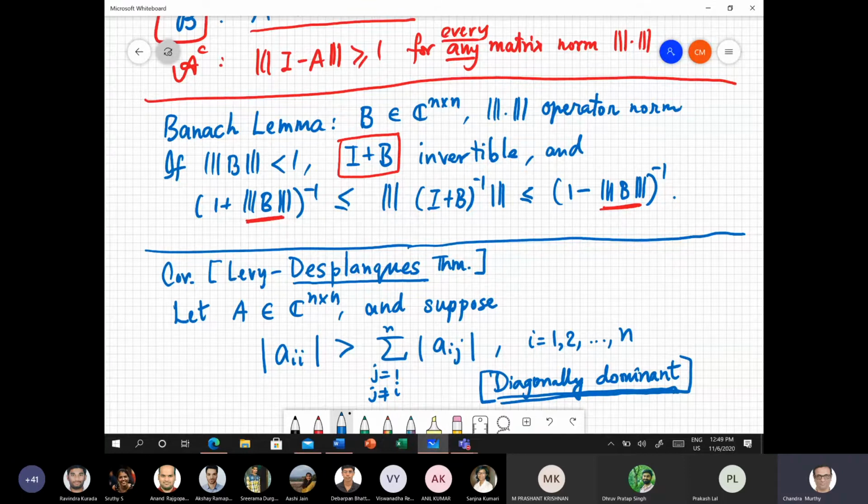Again, in many signal processing manipulations, you end up with matrices which are diagonally dominant. So, for example, if you think about computing the covariance matrix of a random vector, the diagonal elements of the covariance matrix represent the individual variances of these random variables, while the off-diagonal entries represent the cross covariances between these random variables.